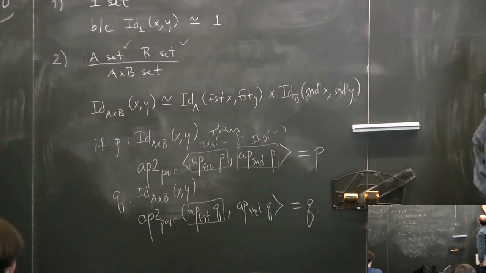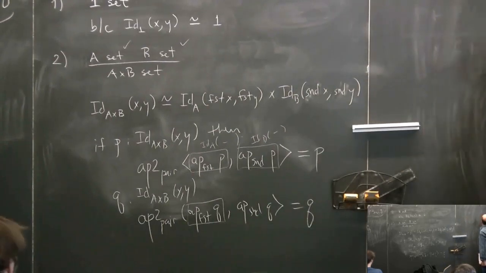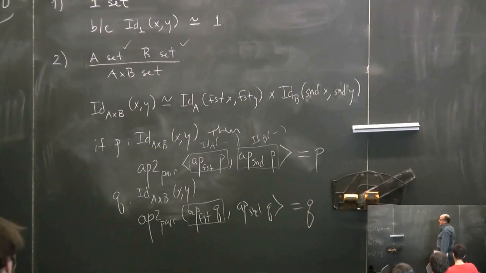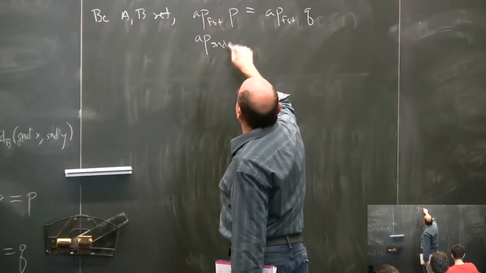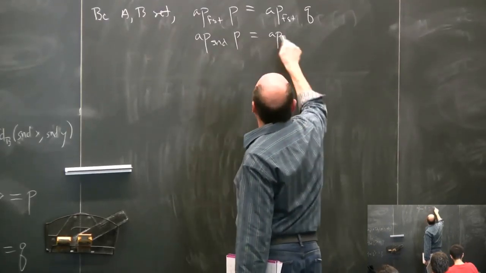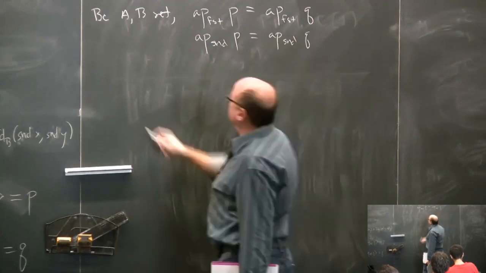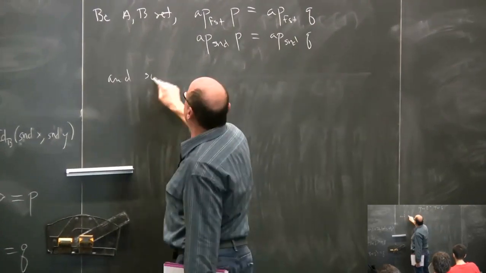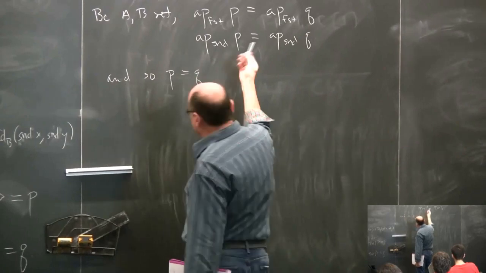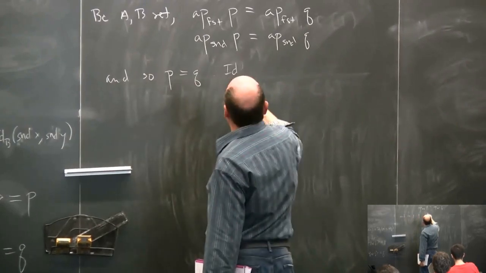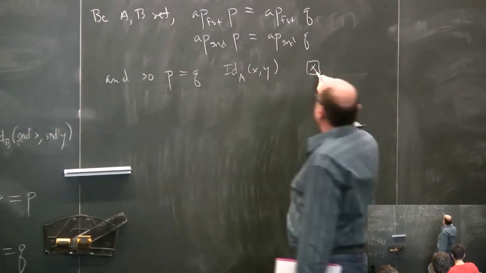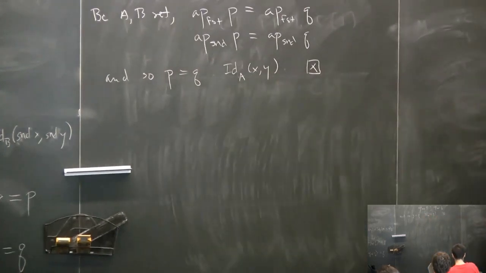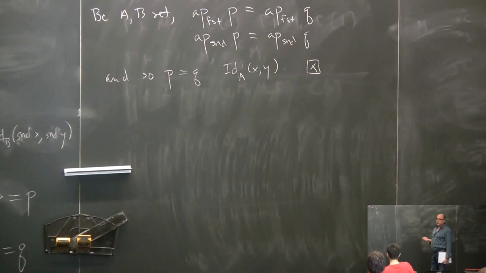Well, component-wise, ap first of P is actually ap first of Q, because there is only one path between any two things. And similarly, ap second of P is equal to ap second of Q, and therefore P is equal to Q as an element of id A x y, and that's what it means to be a set. Okay? So that's what we're doing.